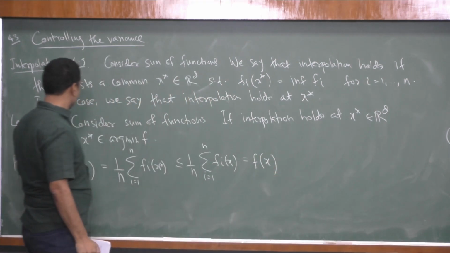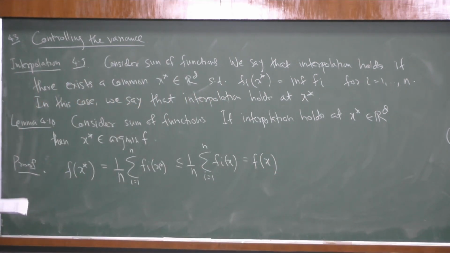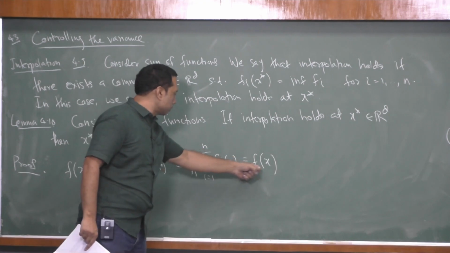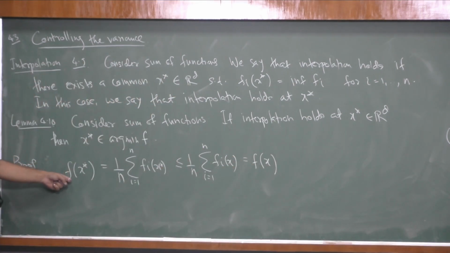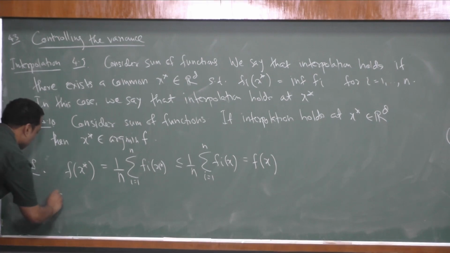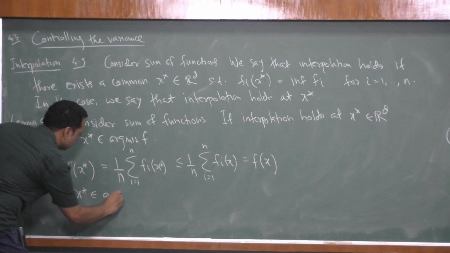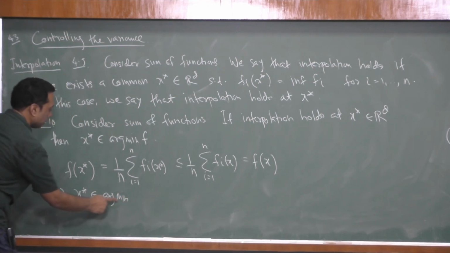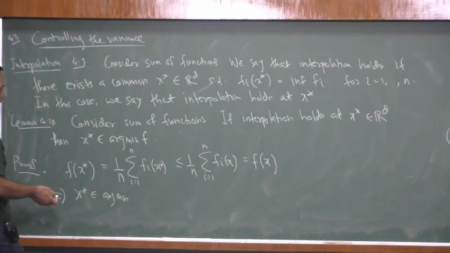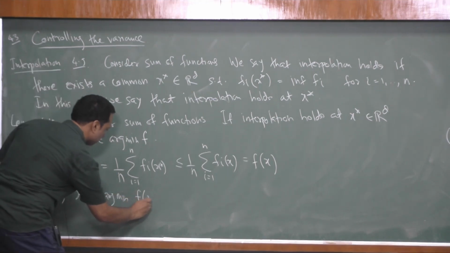So basically what we have shown is that F(x star) is the lowest possible value, because for any x you take, F(x) happens to be always larger than or equal to F(x star). Hence x star gives the minimum possible value for F(x). So this implies x star must be the argmin, the argument at which the minimum is achieved, the x at which the minimum was achieved. So this is why it's called argmin.